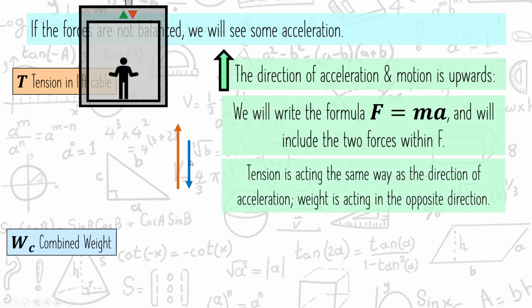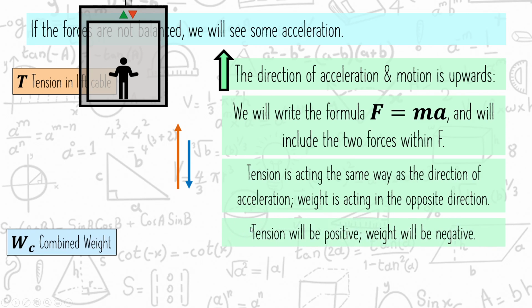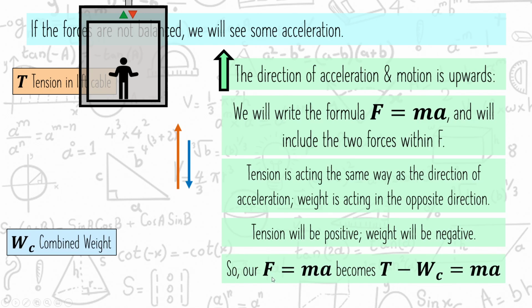Now, since tension is acting upwards in the direction of motion, and weight is acting downwards in the opposite direction, we'll consider tension to be a positive quantity, and we'll consider the weight to be a negative one. So our F equals ma becomes tension minus weight equals ma.